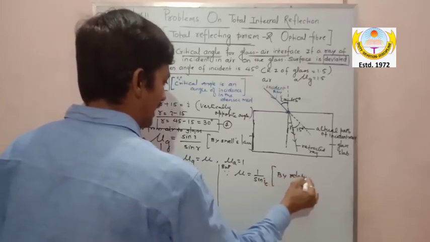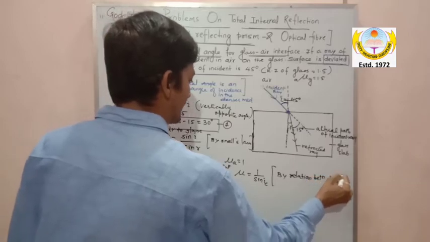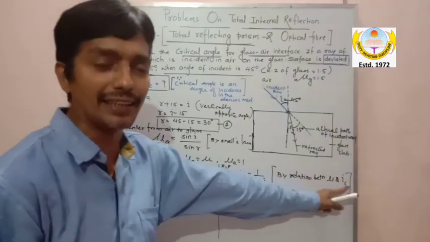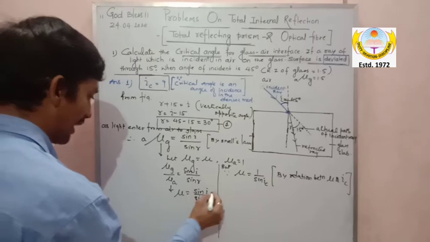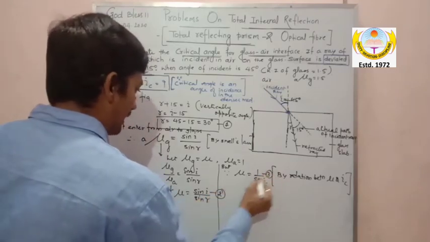I got it by the relation between mu and IC. We have done this topic, relation between refractive index and critical angle. The formula is 1 by sine IC. So let this be your equation number 2, and let this be your equation number 3.